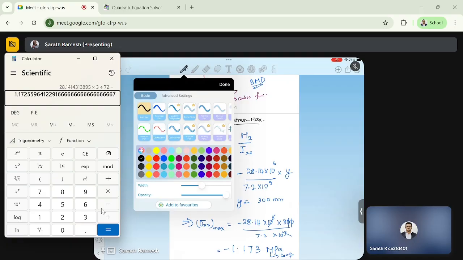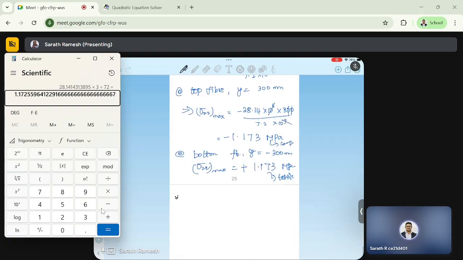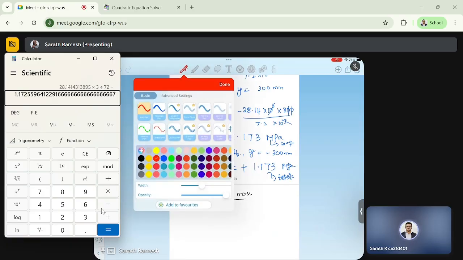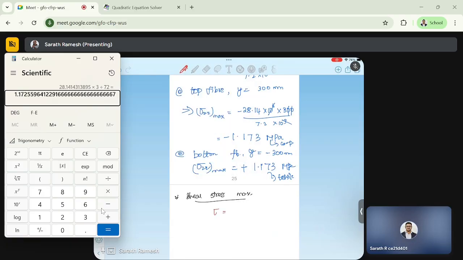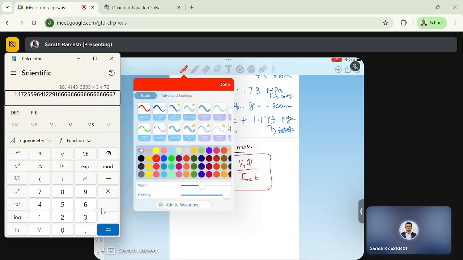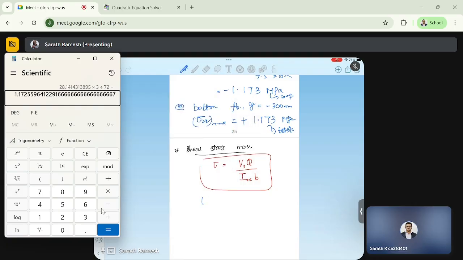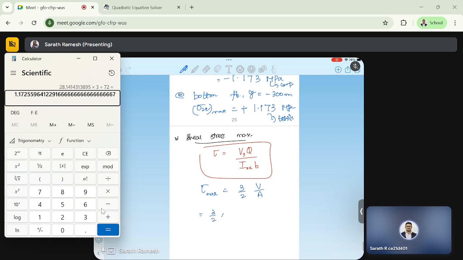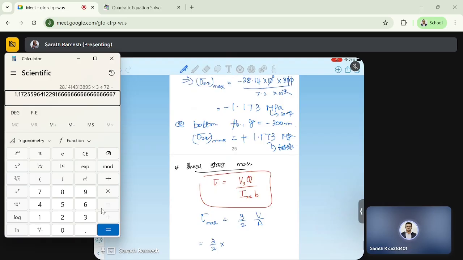Next, let's find out what is the maximum value of shear stress. Shear stress maximum. Okay. Actually, the formula for shear stress was tau equal to V Q by I B, right? Now, if we do the computation for a rectangular section, I can write this as tau max equal to 3/2 of average shear stress. So this is equal to 3 by 2 times, what was the maximum shear?